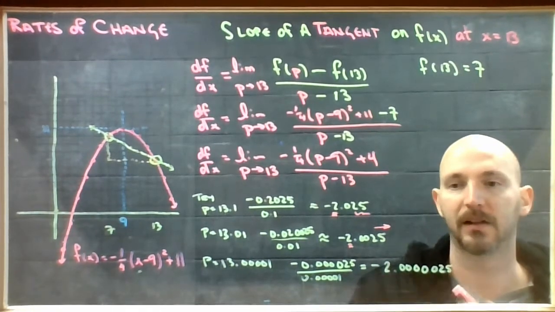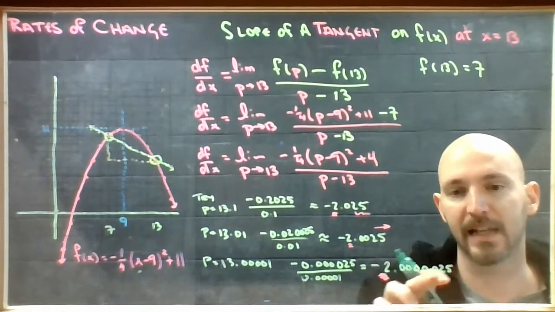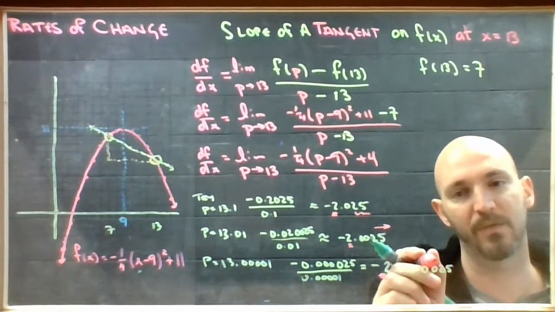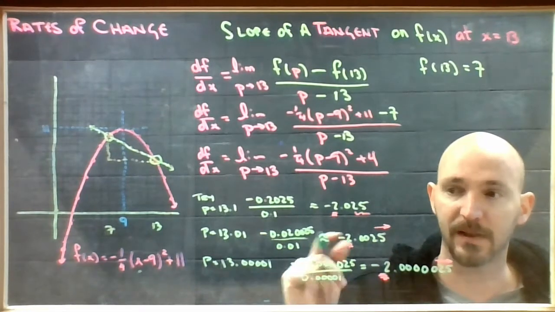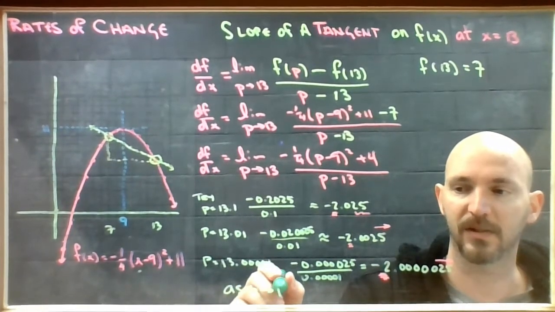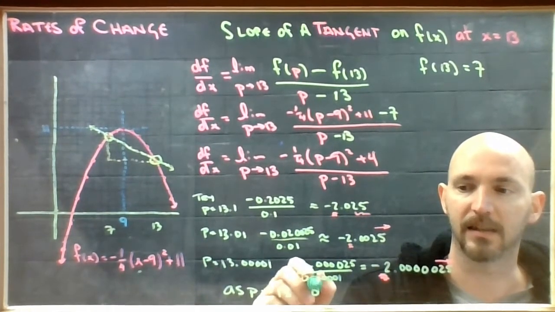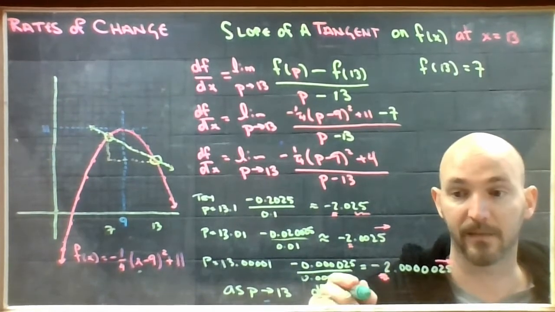Again, I have this here. This negative 2 has stayed, and the rest of the garbage is just moving on down the line. So if I look at these things, I would say, based on limits, that as p approaches 13, the slope of this parabola is approaching negative 2.